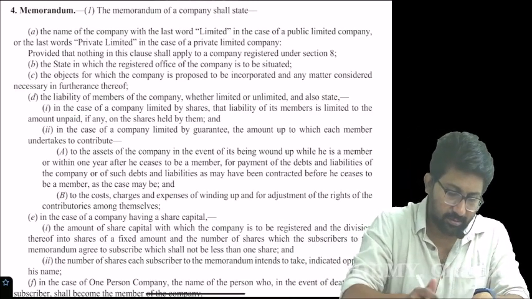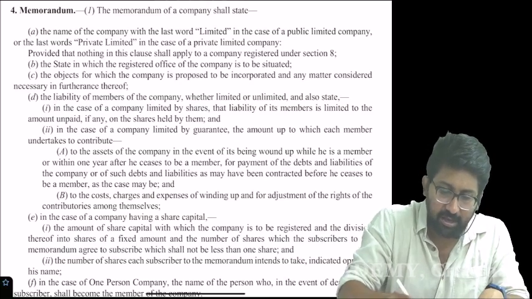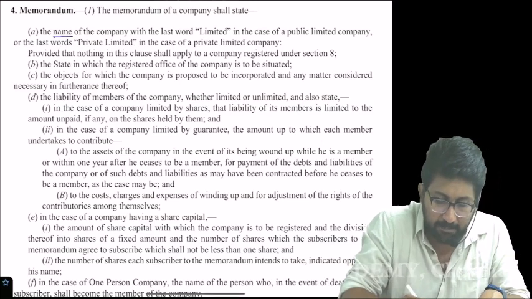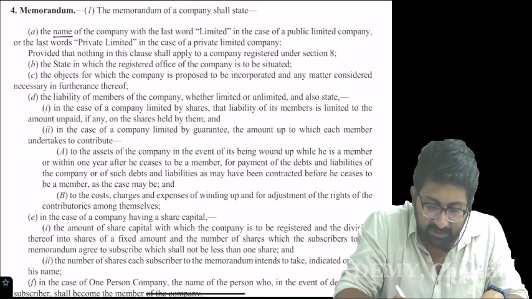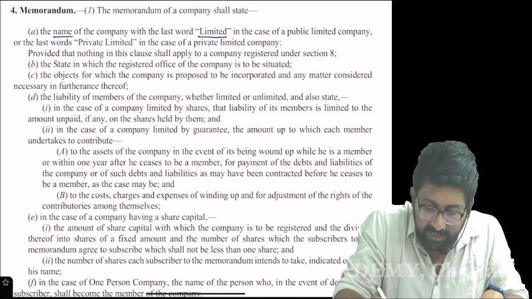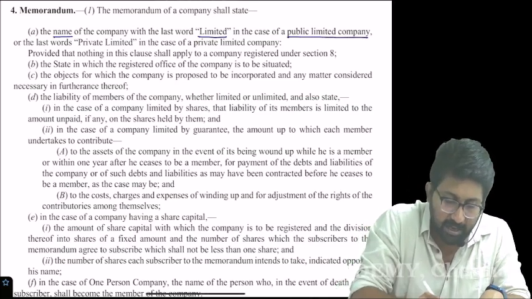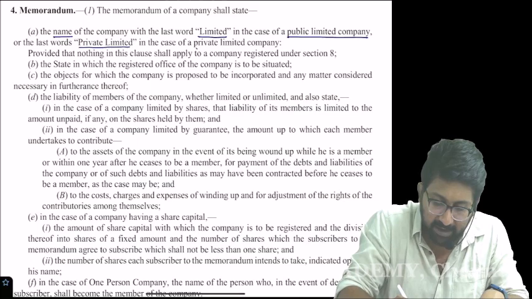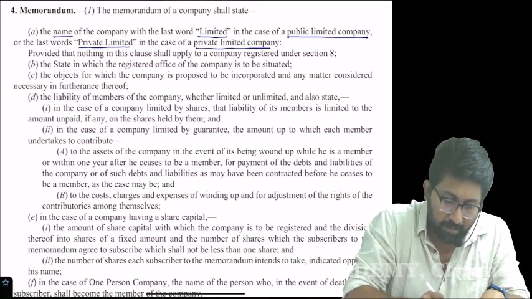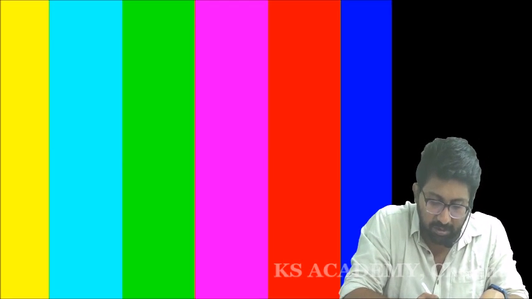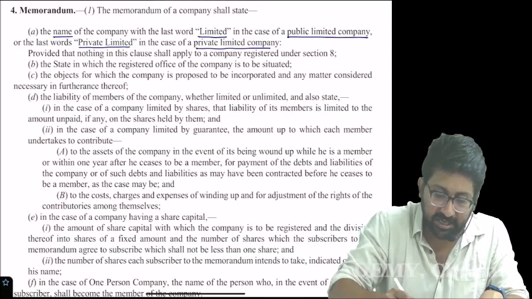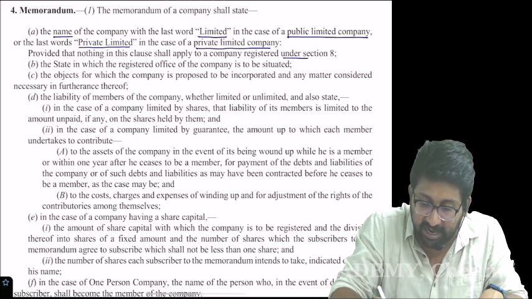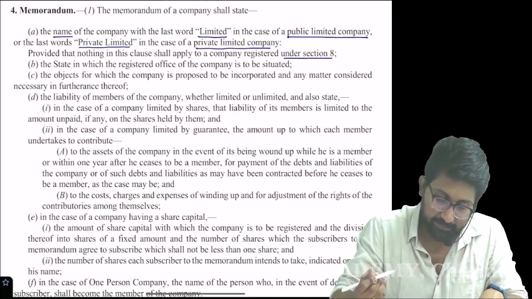The memorandum of a company shall state the name of the company with the last word Limited in case of a public limited company, and the last words Private Limited in case of a private limited company. Provided that nothing in this clause shall apply to a company registered under section 8.